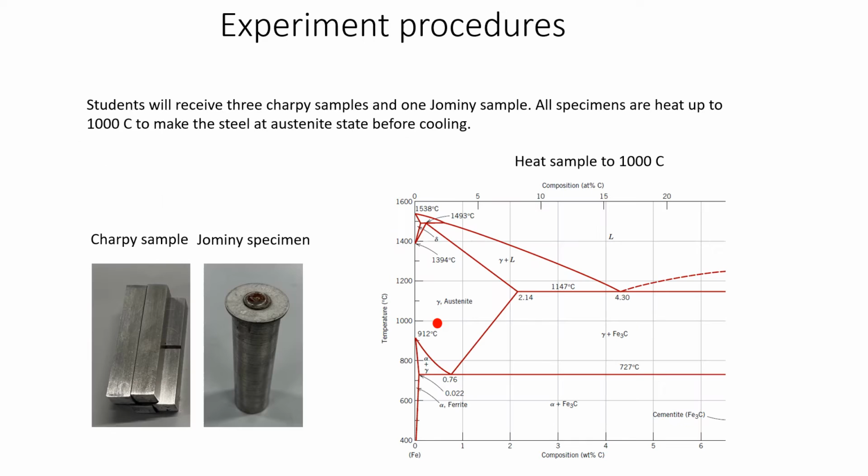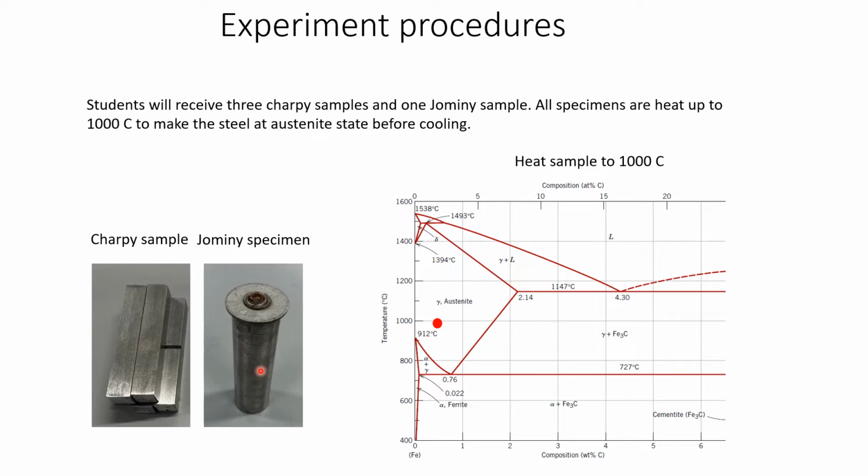Okay, so let's talk about the experiment. In this experiment, you're going to receive two different kinds of samples. You're going to receive 3 Charpy samples, and you're also going to receive 1 Jominy sample.